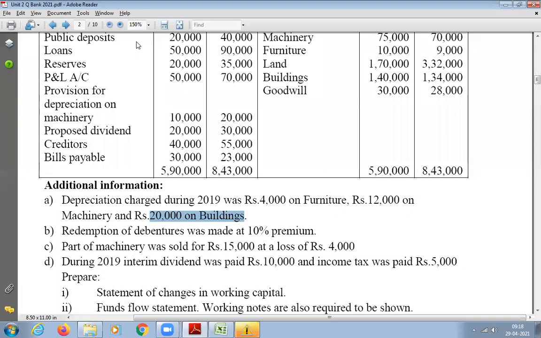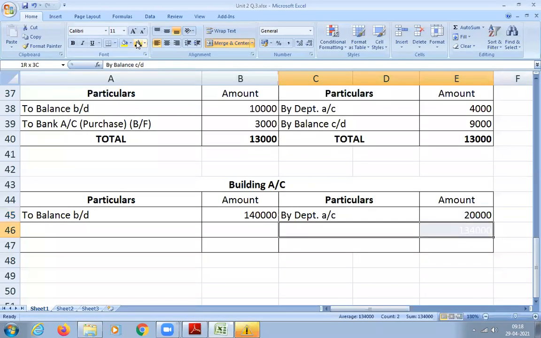Any other purchase or sale given for building? No, sir. Then write the closing balance, that is 1,34,000. So tally the account. Tell me the balancing figure.